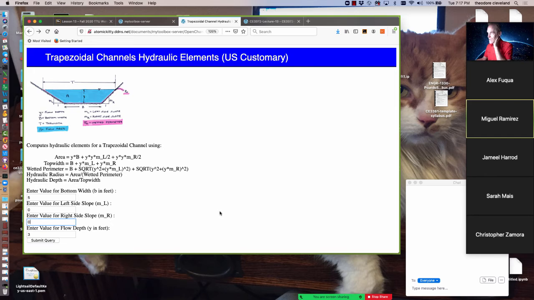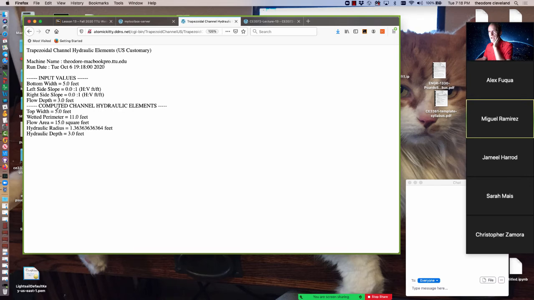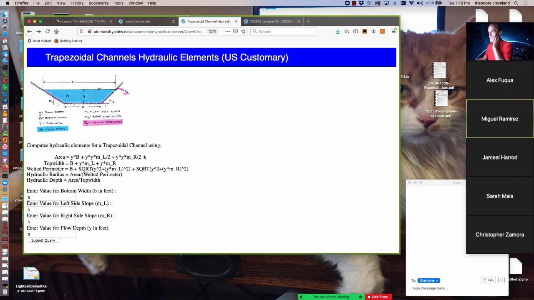The hydraulic radius will be 15 over 11, which is about 1.4, something like that. So we do it, and we get the wetted perimeter 11 feet, flow area 15, hydraulic radius, I said about 1.4, 1.36. So the trapezoidal thing can be used for both rectangular and trapezoids.